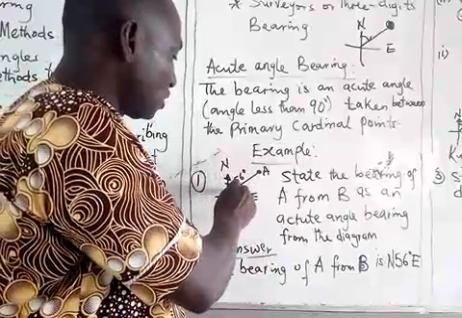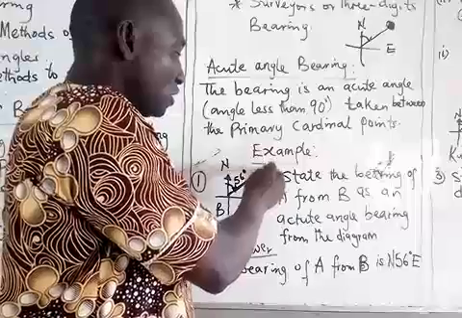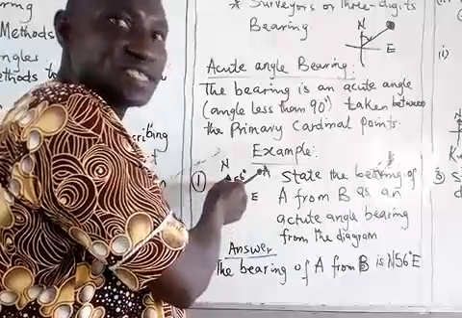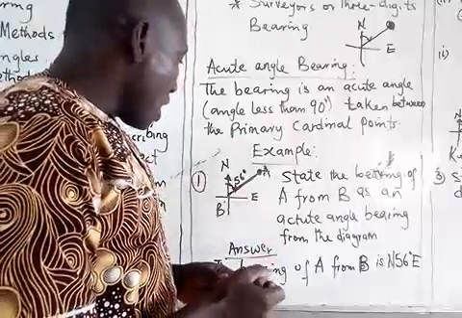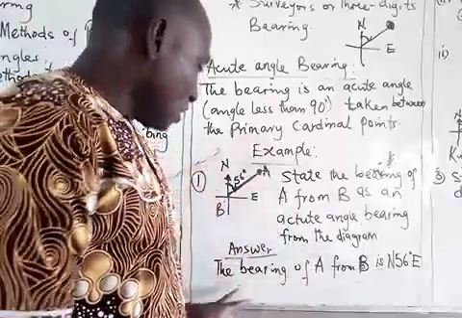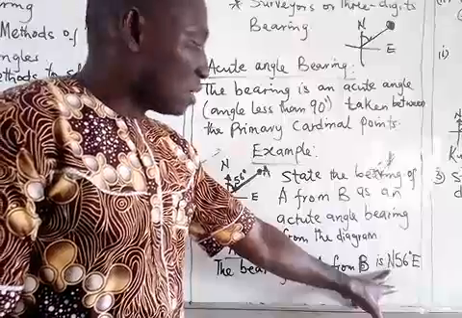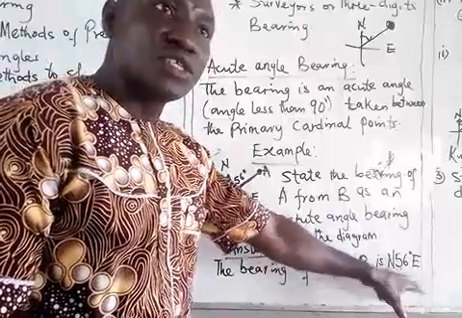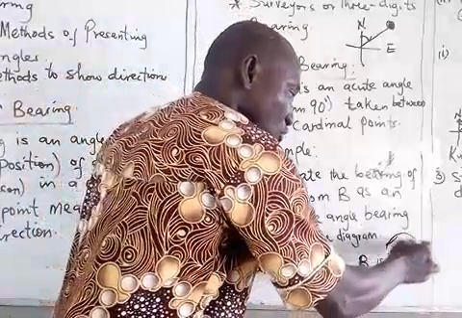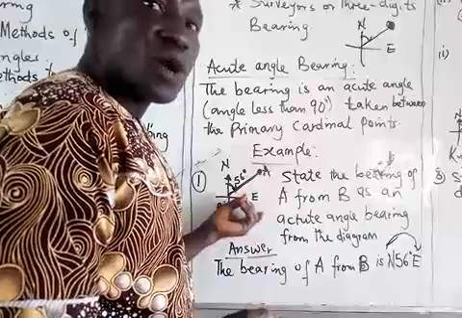Turning from here, you look at a point and you see A, and the bearing of A from B is 56 degrees. Since the turning is from the north to the east, you write the bearing of A from B as north 56 degrees east. That is the bearing as required in this diagram.